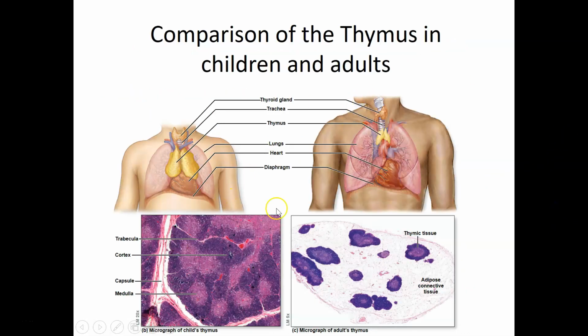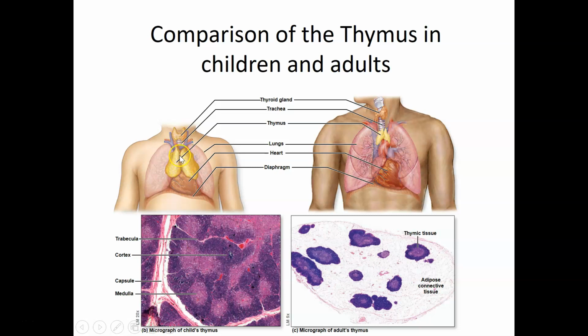All right, this slide is showing child gross anatomy versus adult, and one thing you should notice, number one, is the position of the thymus. Let's look at the child first. I mentioned the upper mediastinum, sort of wrapped around the trachea.